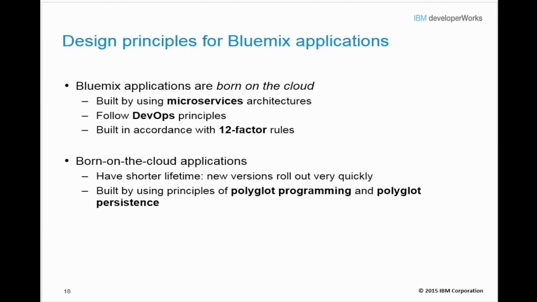New versions tend to come out very, very quickly. This is in accordance with the practices that I was talking about earlier from DevOps of continuous integration and particularly continuous delivery. And when we start talking about the dependence of your application upon different runtimes and different services, you're going to see why this is necessary.